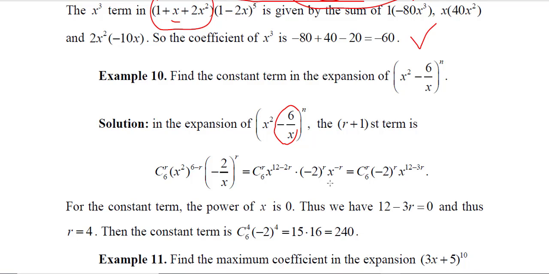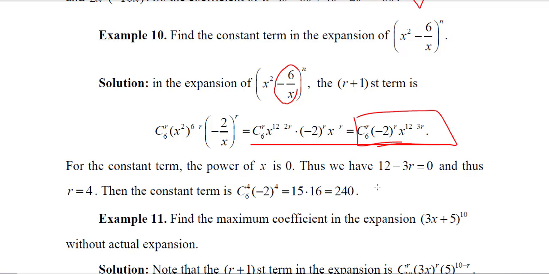Okay, let's compute it, and we'll get this one. For the constant term, the power of x is 0.